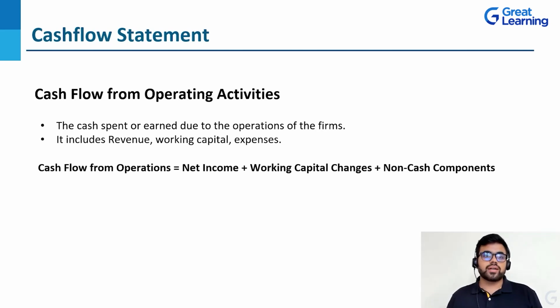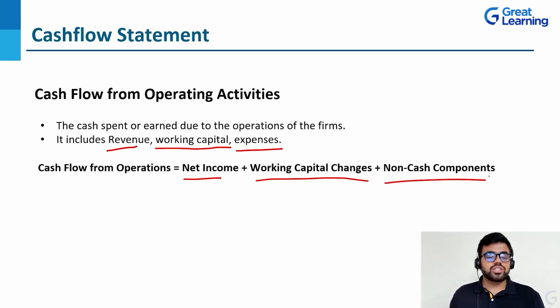So this includes revenue, working capital, how much amount is needed for its day-to-day operations. Then its expenses, such as rent, the wages it needs to pay to its employees, electricity bills, and so on. So cash flow from operations is the addition of net income, the working capital changes, and non-cash components.